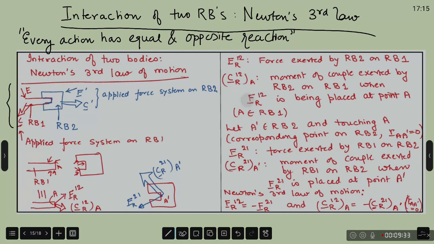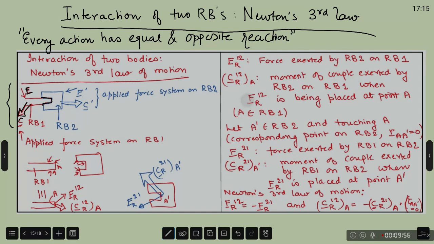Now on RB1 we may be having an external force F and an external torque C acting on RB1. This we call the applied force system on RB1. Somebody is putting this force system on RB1.